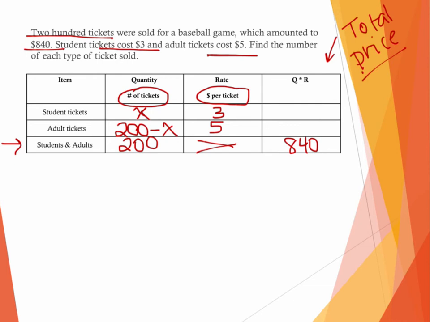Now that I've filled out my quantity and my rate in my first two rows, I'm going to multiply across, because I know the number of tickets times the price per ticket is going to give me the total price of that particular type of ticket.